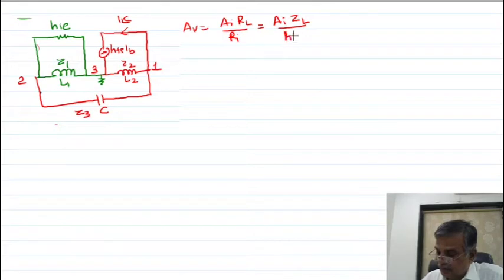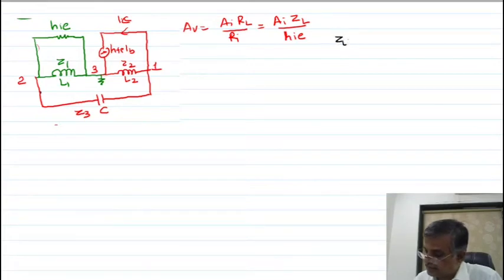ZL upon RI, where RI is the input resistance HIE. Now what is ZL? I cannot write Z2 only, because with this C is connected, Z1 is there, HIE is there in the circuit. So I have to simplify for ZL.